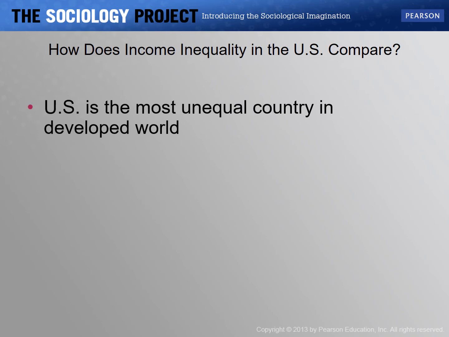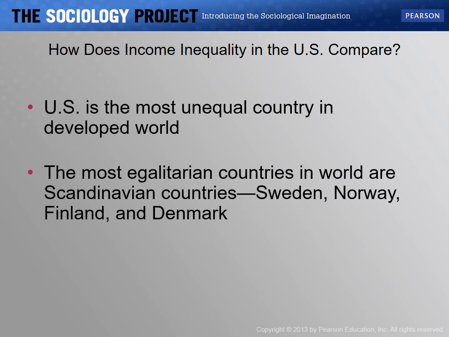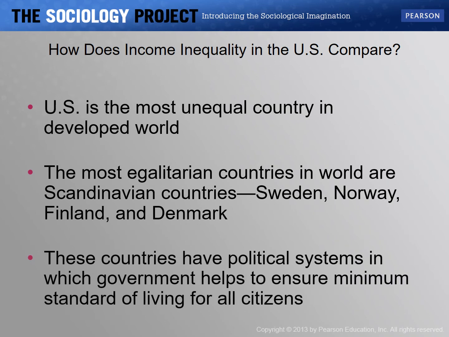The U.S. is the most unequal country in terms of distribution of wealth. The most egalitarian or equal ones include all the Scandinavian countries, Sweden, Norway, Finland, and Denmark, as well as Canada. These are all social democracies. These countries have political systems in which governments help to ensure minimum standards of living for all citizens.